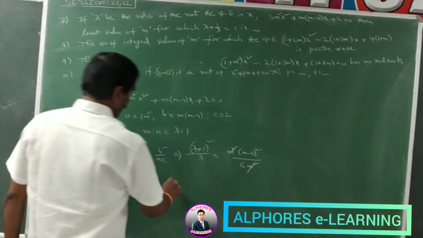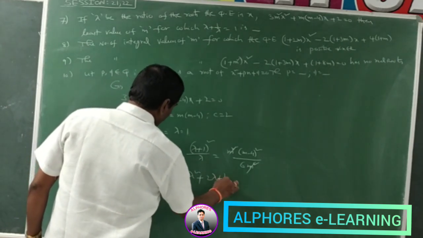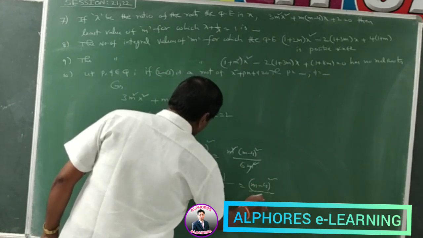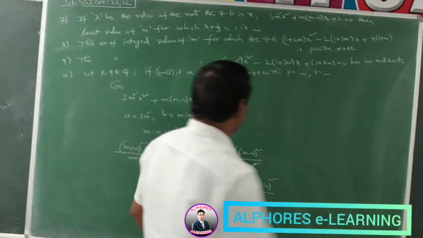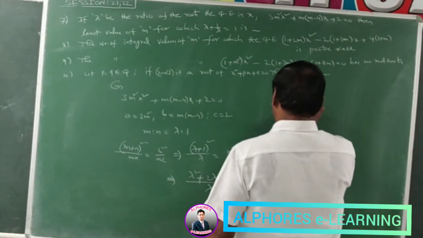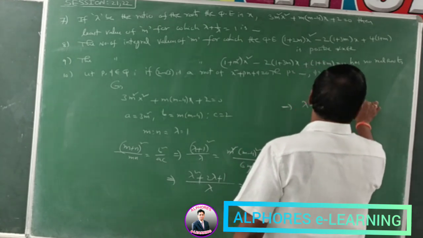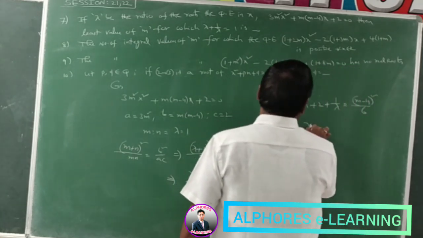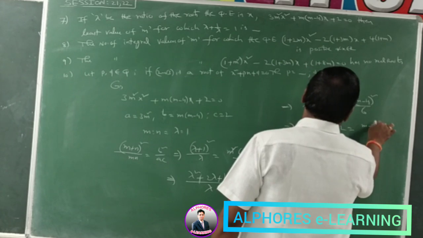Next, (lambda plus 1) whole square means lambda square plus 2 lambda plus 1, by lambda is equal to (m minus 4) whole square by 6. Splitting these values, lambda square by lambda means lambda, plus 2, plus 1 by lambda is equal to (m minus 4) whole square by 6. That means lambda plus 1 by lambda plus 2 is equal to (m minus 4) whole square by 6.